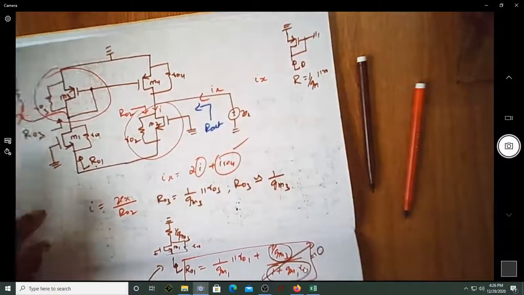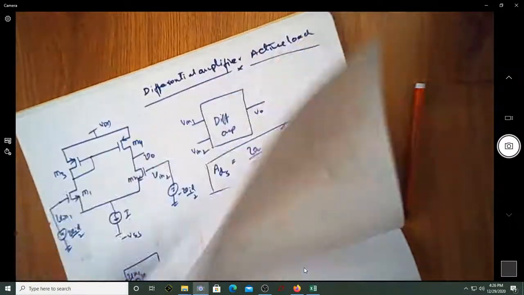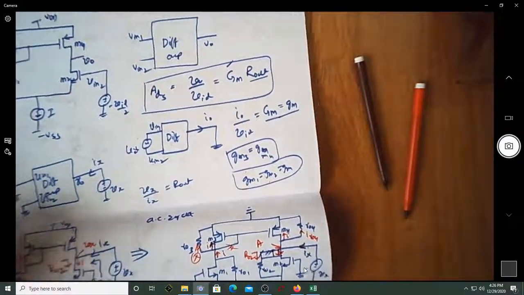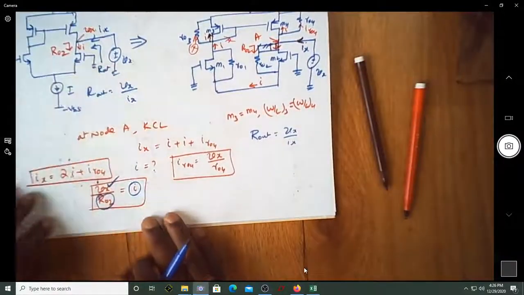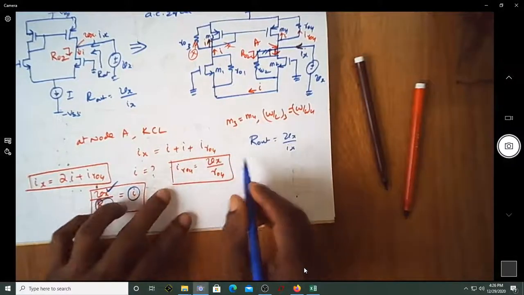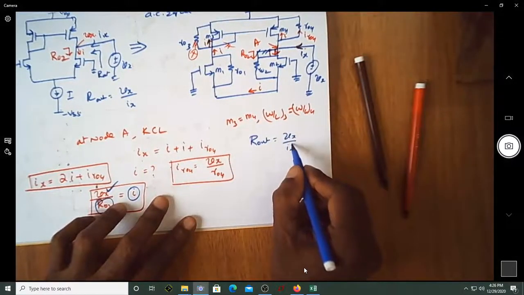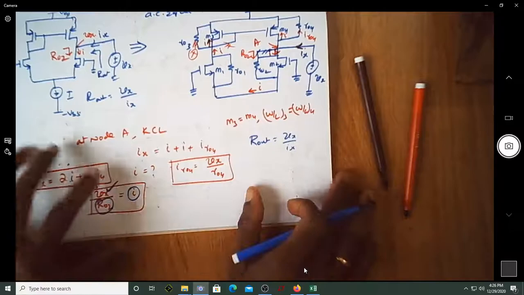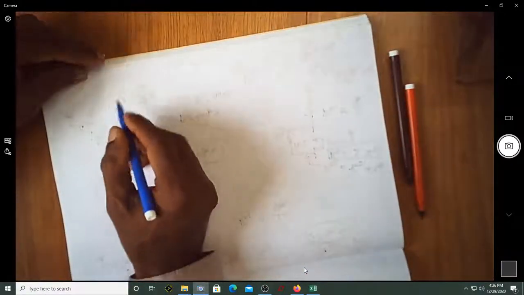So we are supposed to find what is R out of this, for which, of course, how did we actually start? We want to know, okay, let me rewrite this. Okay, here we are now. So I'm looking at this now. So what is that we are looking at? We are looking at Vx by Ix. So let me rewrite that. There's no harm in again rewriting the circuit.